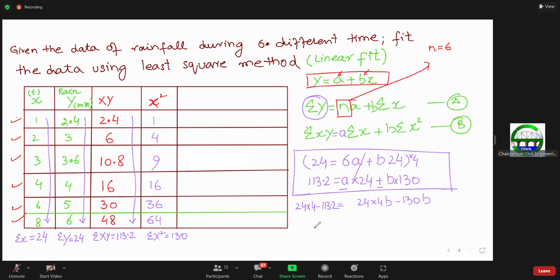Okay, so A will be equals to 1.98 and B will be equals to 0.51.